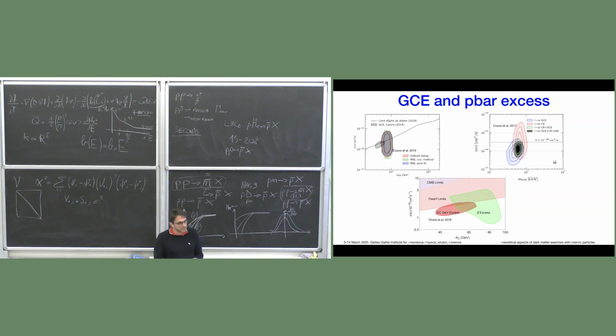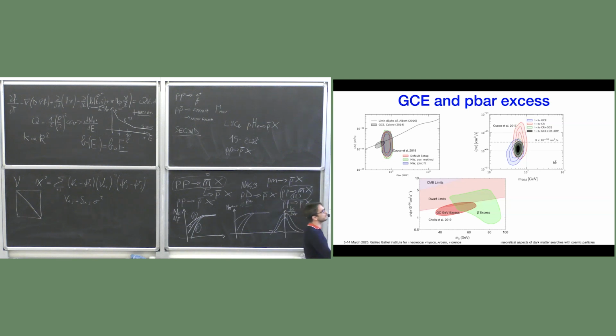And hopefully they will release the covariance matrix. In this way we don't guess, and we have something that is fully reliable. But generally speaking, as Pedro also showed a few days ago, the antiproton excess can be fitted with dark matter with a mass and cross-section that is compatible with the galactic center excess.